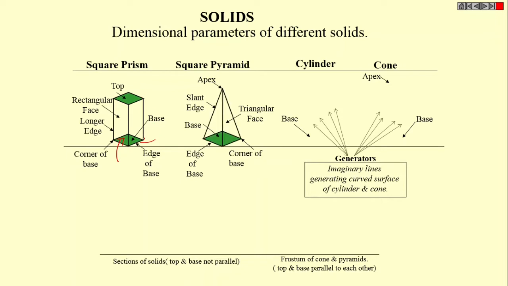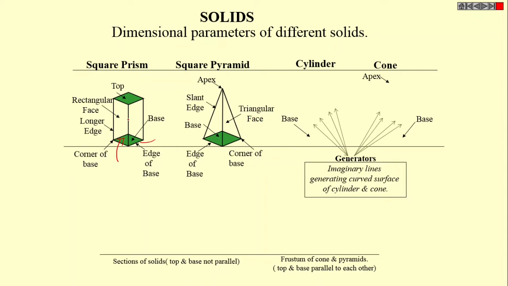And in the case of square pyramid, there is a base having square shape. Then corner of the base, as in the case of square prism. Then edge of the base, same as in the case of square prism. Then instead of a rectangular face, in the case of pyramid, there is a triangular face.